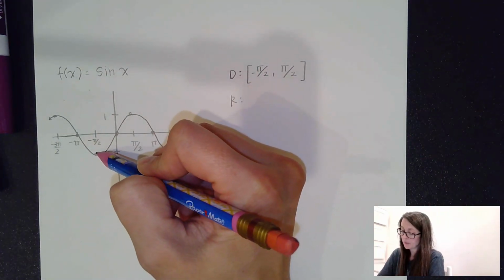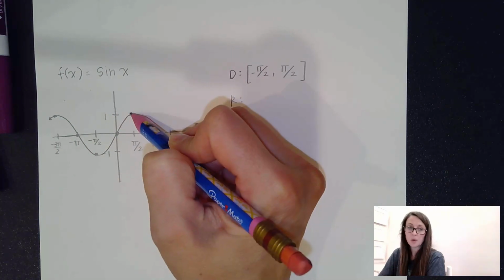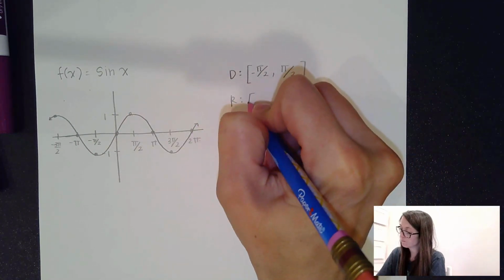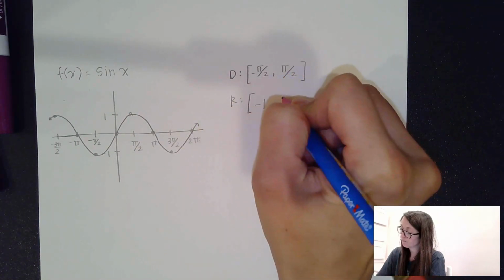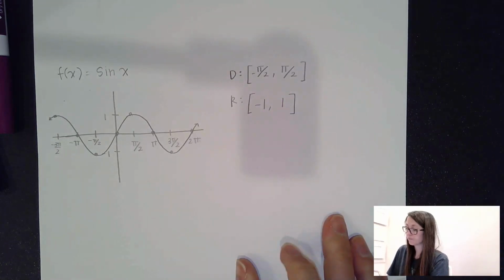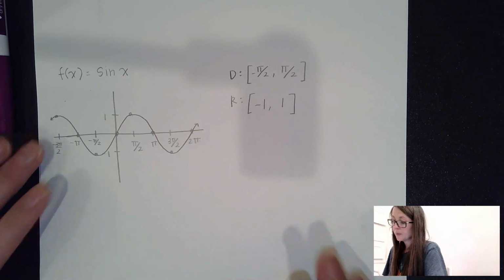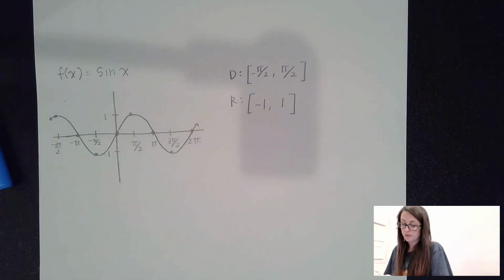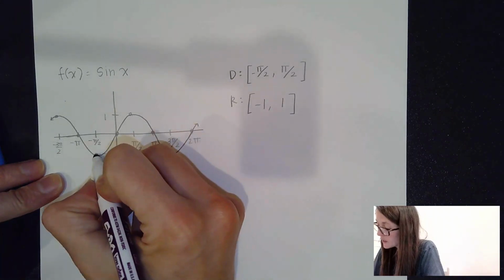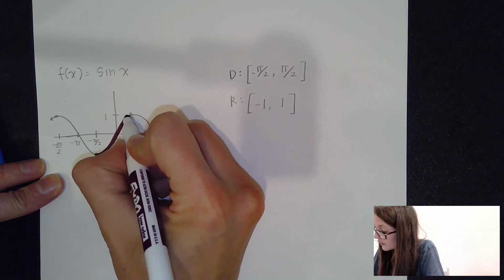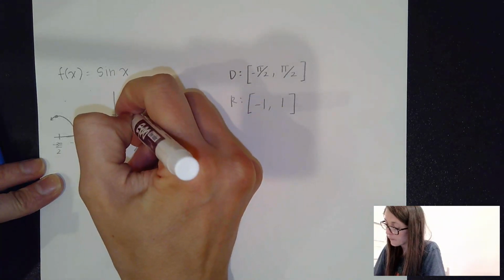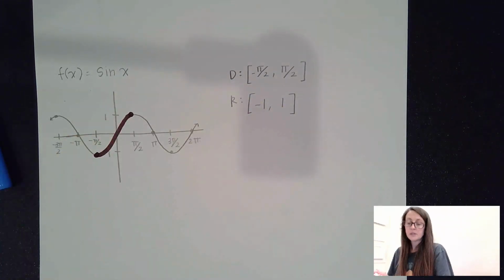They would go from negative 1 to 1, right? Good. Okay, so I'm going to use this little marker so maybe you can see this. Basically I'm restricting it to that little part of my graph.